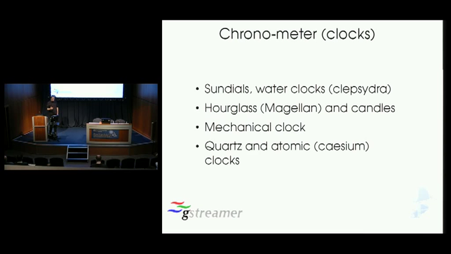Very basic. But then afterwards, they were like, this is great, except that sundials don't work during the night. Or in Scotland during the day. Anyway, they were like, we need to find a better system to calculate time.